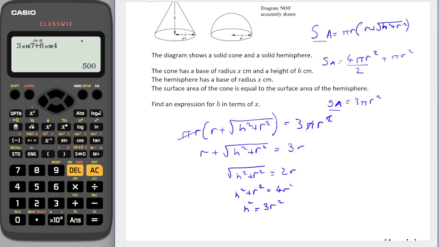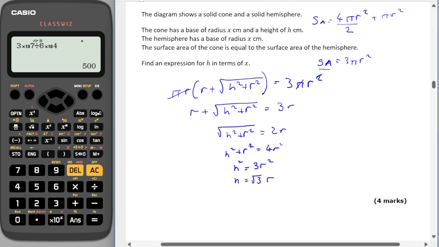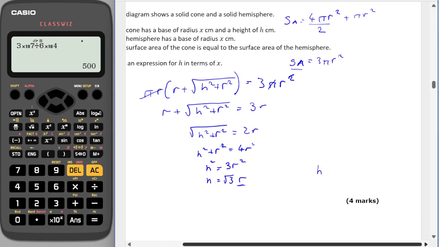So square root both sides, I would get that the height is going to be equal to root 3 times by r. And then I've actually used r instead of x, so I think it should be that the height is going to be equal to root 3x.